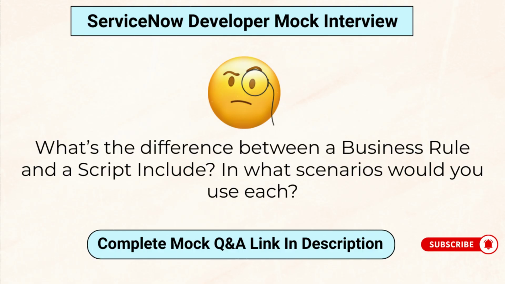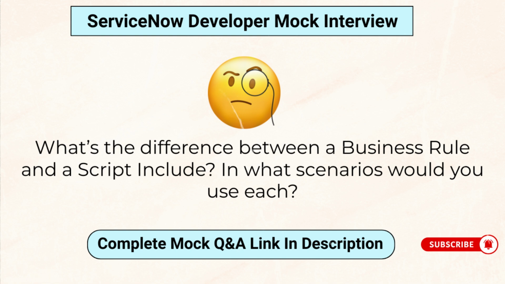What's the difference between a business rule and a script include? In what scenarios would you use it? Sure. A business rule is a server-side script that runs on CRUD operations on a table, whereas a script include is reusable server-side code that can be called from other scripts.